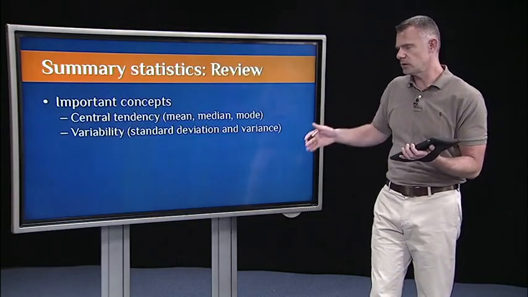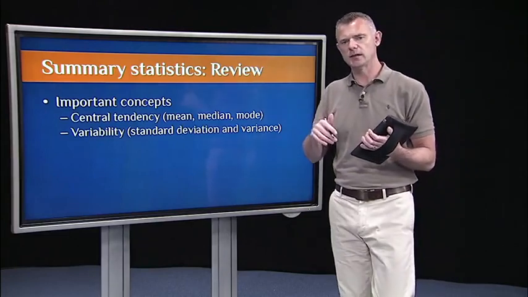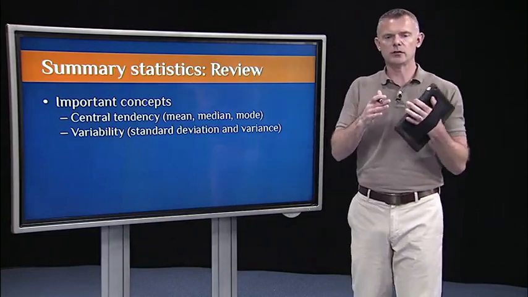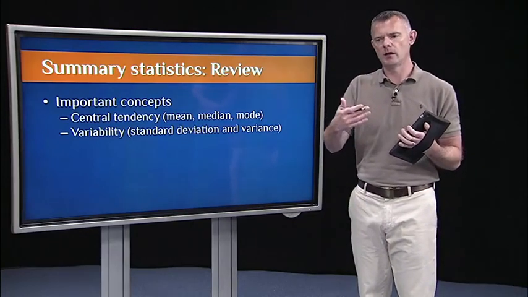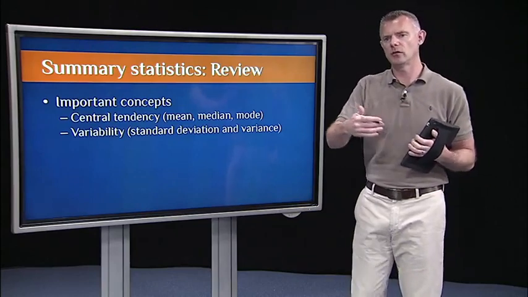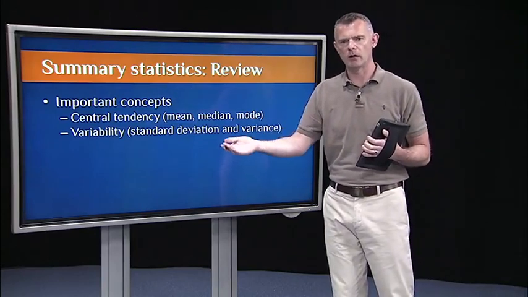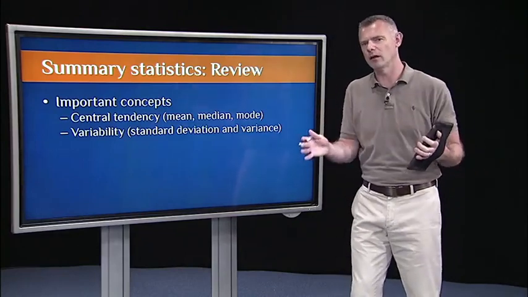So to review this entire lecture, the point of summary statistics is we can't always show our audience, when we're writing up research for a publication in a journal or an article in a newspaper or on a website, all those histograms for all our variables.